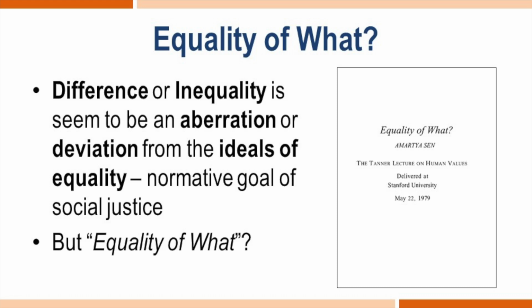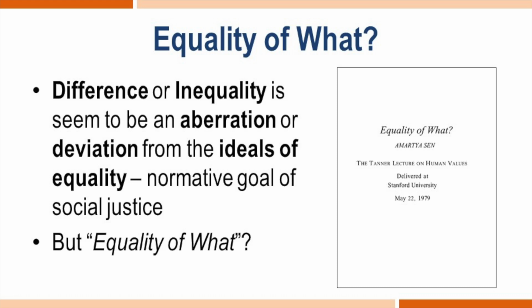So let me come to the first part, which relates to when we talk about gender inequality or gender equality, for instance, then what is it that we talk about in terms of equality? And this reminds us of a classic piece by Amartya Sen. The title of this piece was Equality of What?